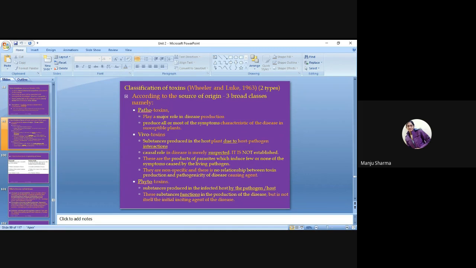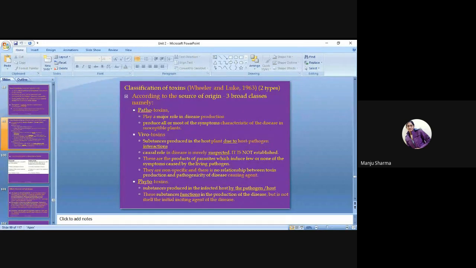And then the third type is phytotoxin. Phytotoxins are substances produced in the infected host by the pathogen or host. Phyto means related to plants.